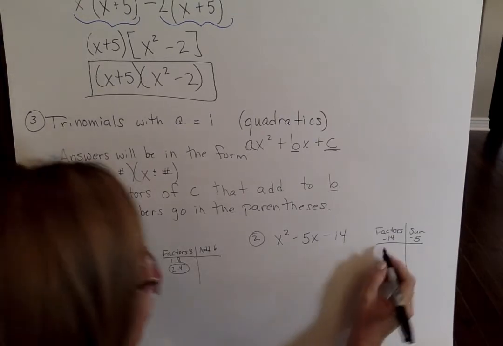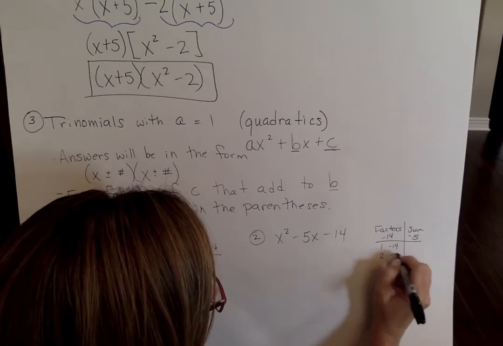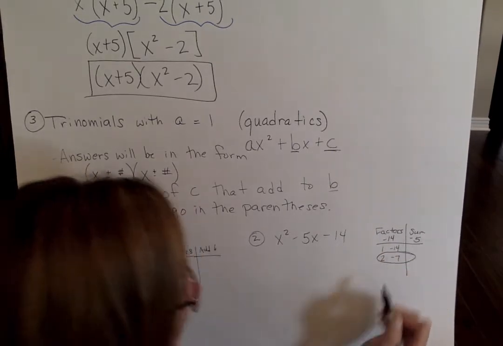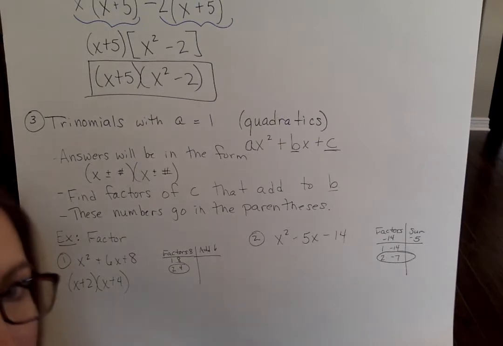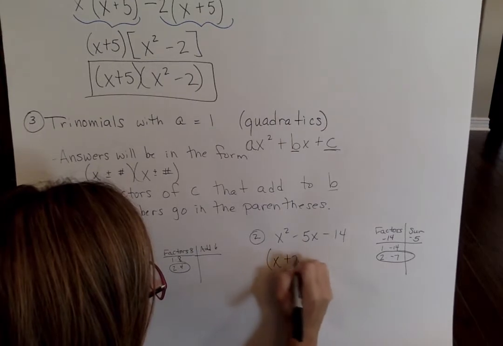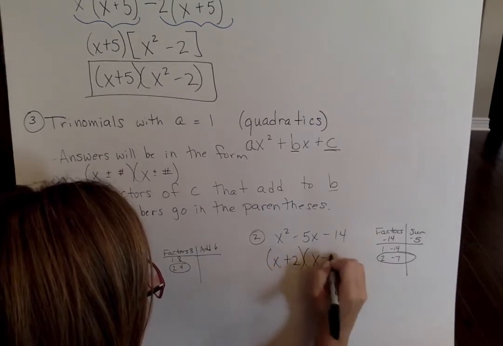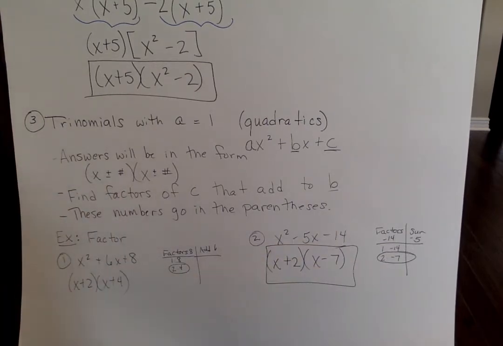So I could think of all the factors of 14, 1 and negative 14, 2 and negative 7, and hopefully again, pretty soon we're going to see we have found our sum of negative 5 with 2 and negative 7. So those are the numbers that go in the parentheses, plus 2, minus 7.